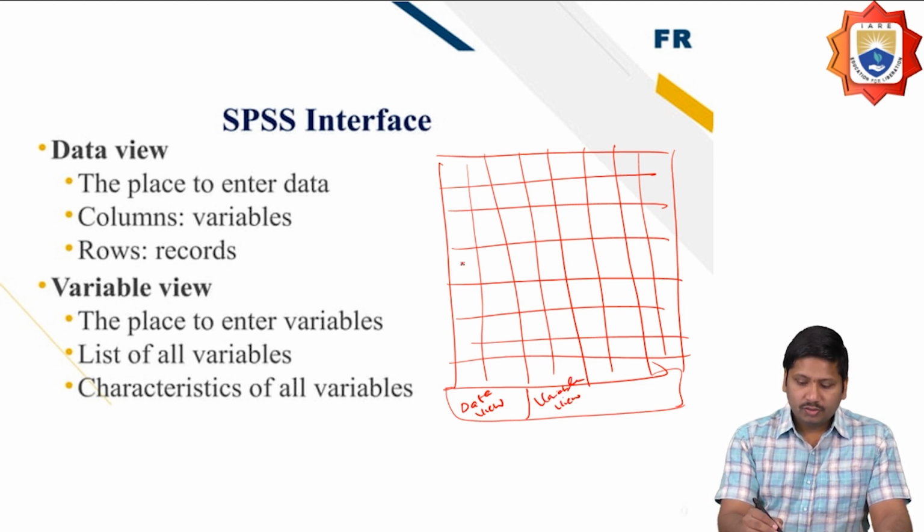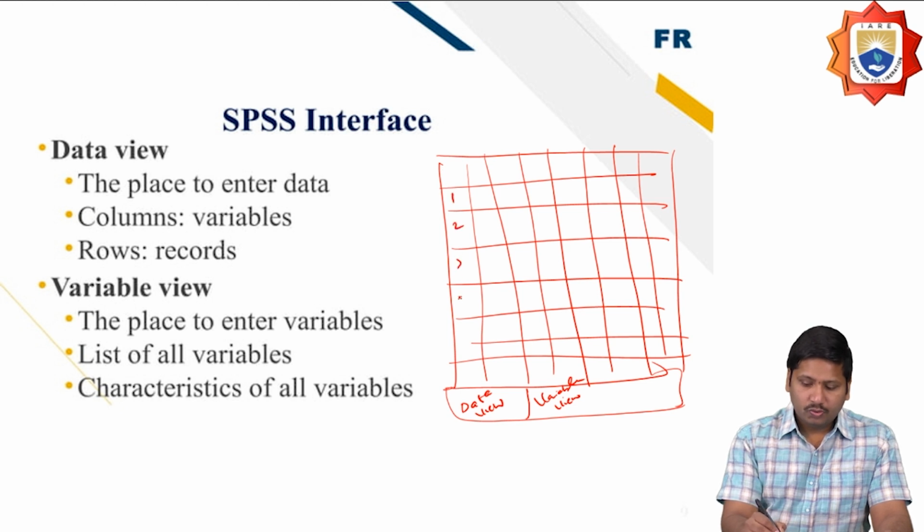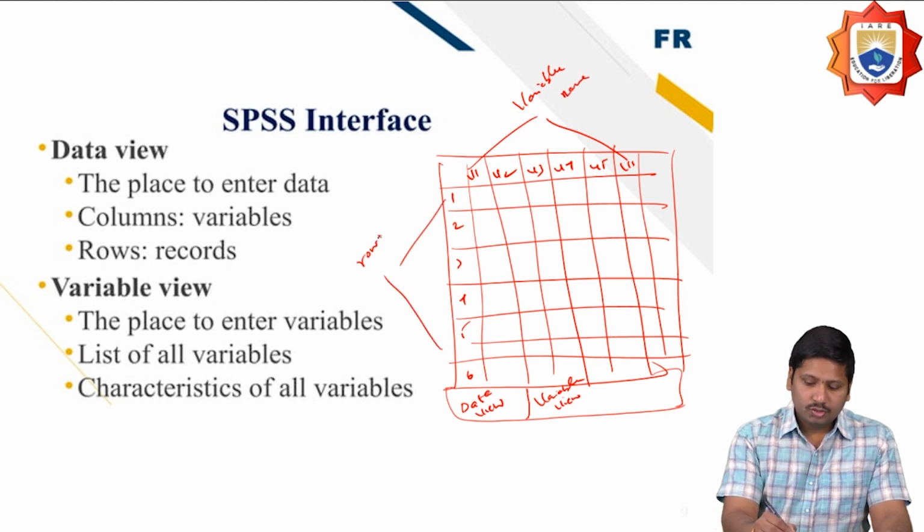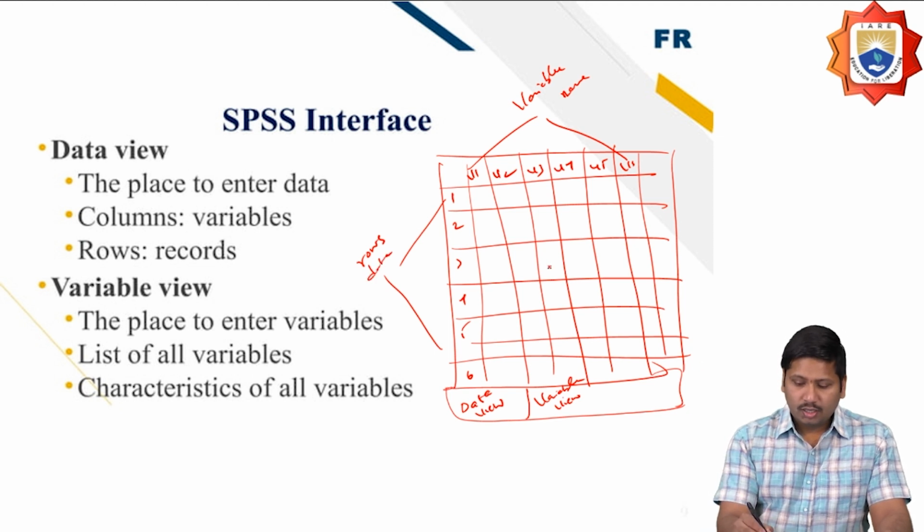Data view means where I can enter the data, and use variables 1, 2, 3, 4, 5, 6. These are treated as the variable names, and this one is the rows, that means the data I enter, and this is the view of the data.